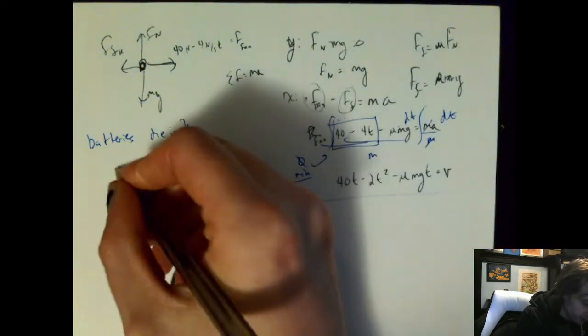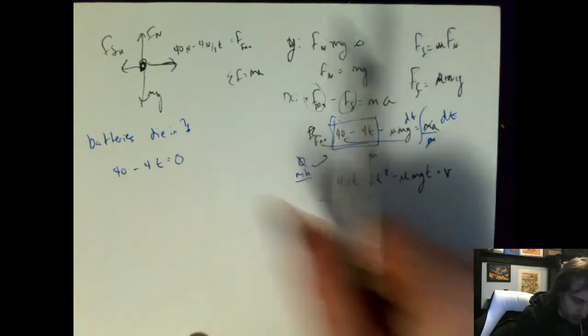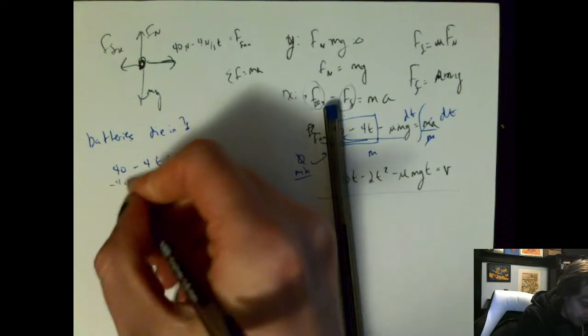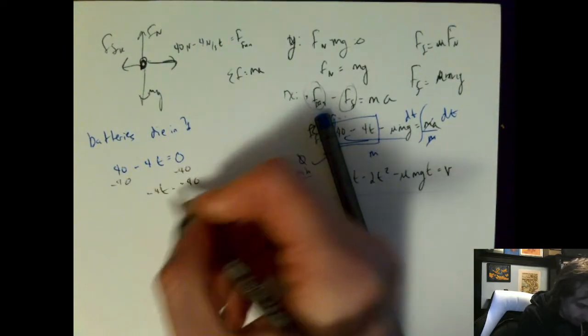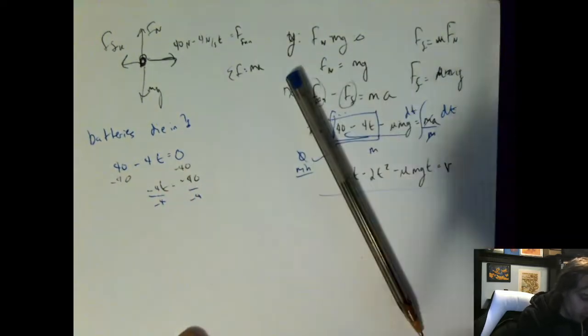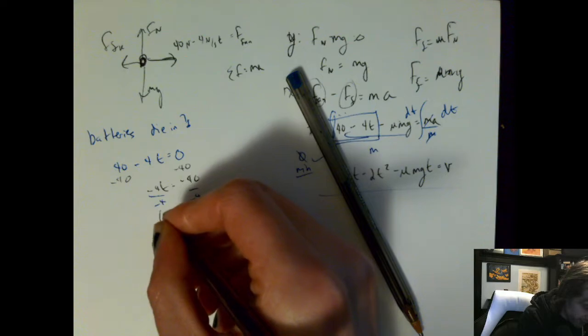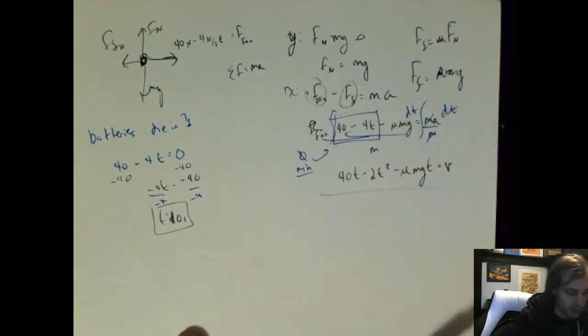To figure out how long, we can take that force from the fan and set it equal to 0. Solving this out, 40 minus 4 times t is equal to 0, so negative 4 times t is equal to negative 40, divide by negative 4. We'll get that it takes 10 seconds for the fan's batteries to die.